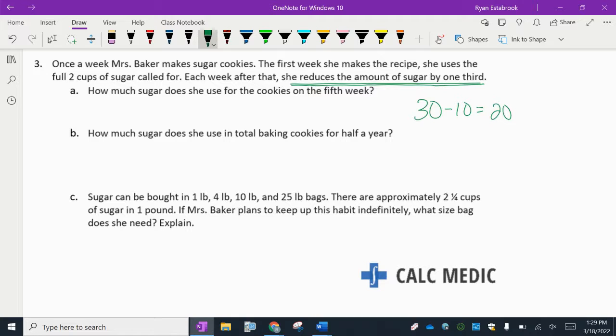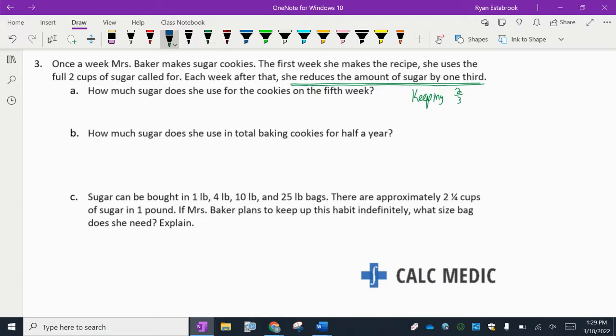If you are reducing it by 1/3, what fraction are you keeping? 2/3. So this phrase that I have underlined, where it says she reduces the amount by 1/3, means she is keeping 2/3. That's the same thing that it's saying. 2/3 is what we want to use in this one. The way it was phrased, again, a little tricky, but that's what it means.